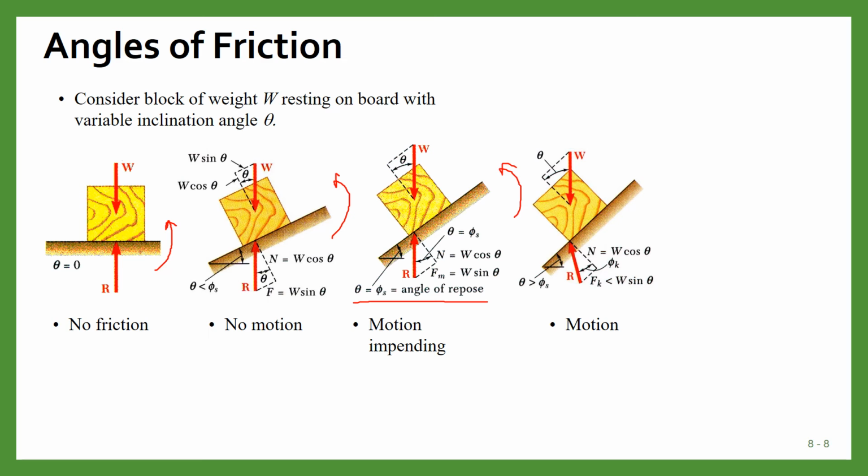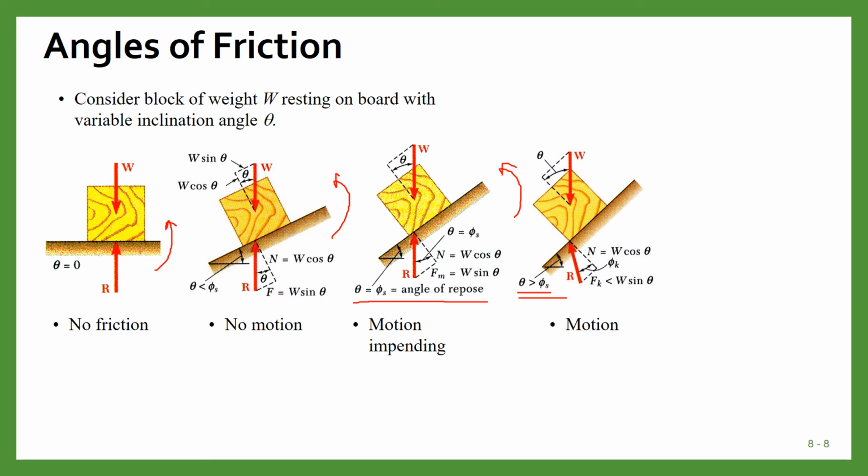And when the motion starts, then this theta will be greater than theta s. So when the angle of inclination of this board is greater than theta s, then the motion will start.